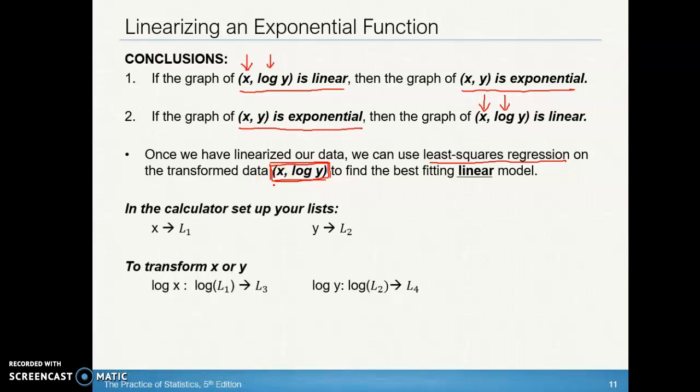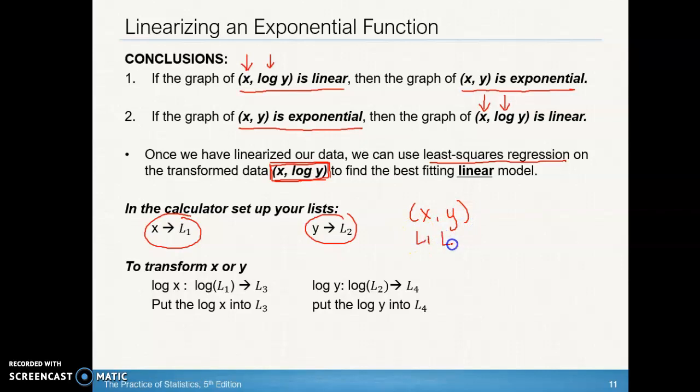So what you're going to do is set up your lists in your graphing calculator. Number one, you're going to put your x into list 1 and your y into list 2. So basically you'll have x comma y. This is going to be list 1, and this is going to be list 2.